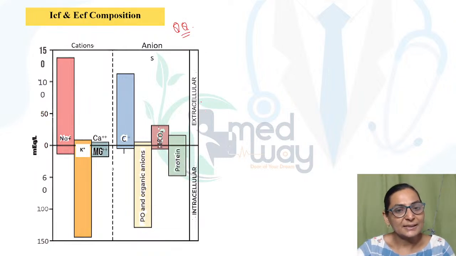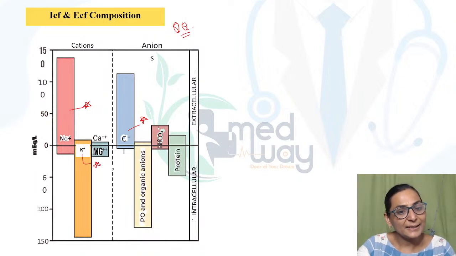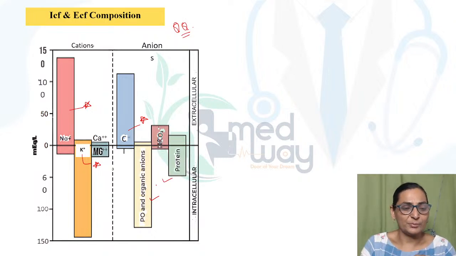So you will see that in the ECF, the major cation is sodium, and the major anion is chloride. Very important question. Whereas as far as the ICF is concerned, the major cation is potassium, and the major anions are phosphates and proteins. ठीक है? So this has to be remembered.